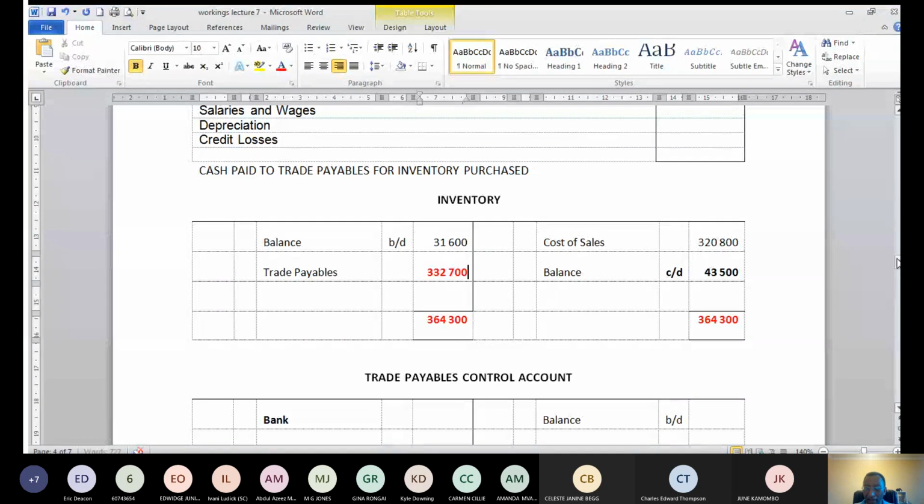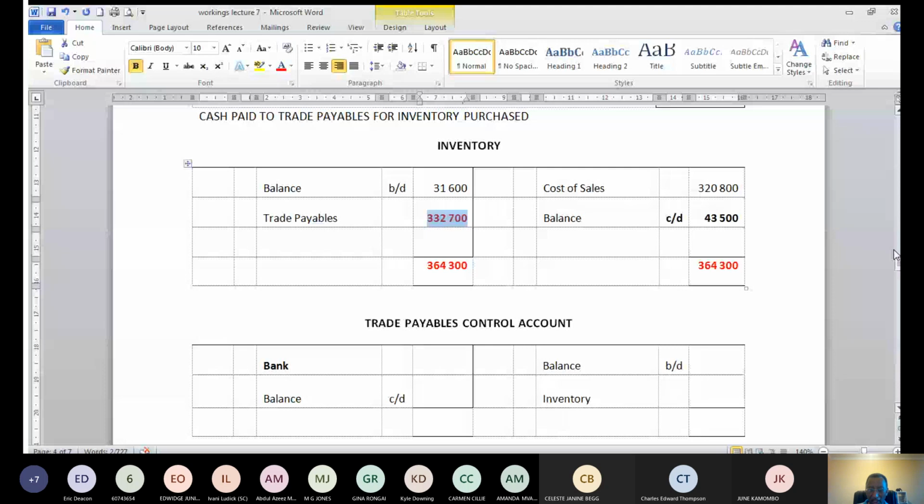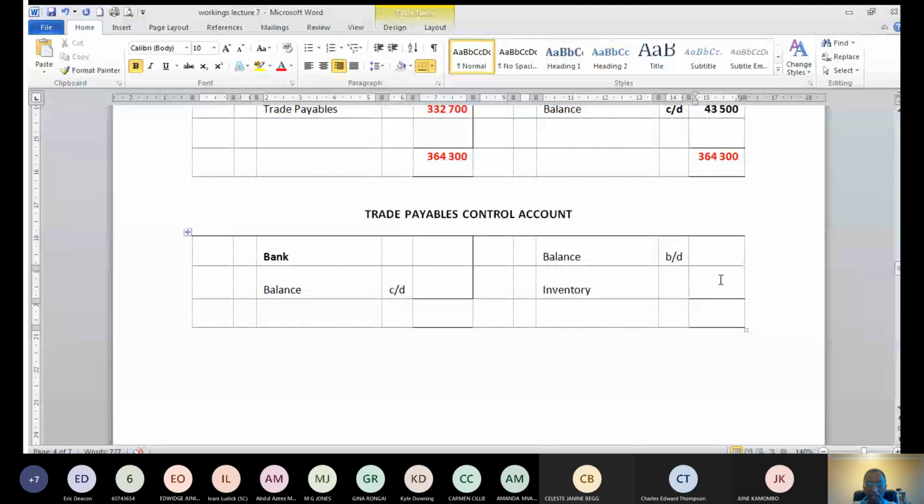Now we have calculated how much stock we bought on credit. So the inventory account is debited with trade payables, 332,700. Your trade payables account is now credited with inventory, 332,700.